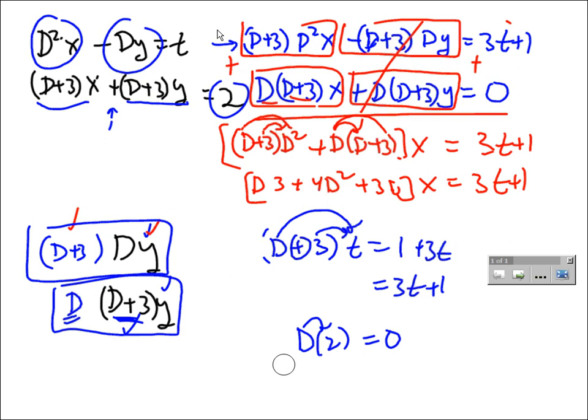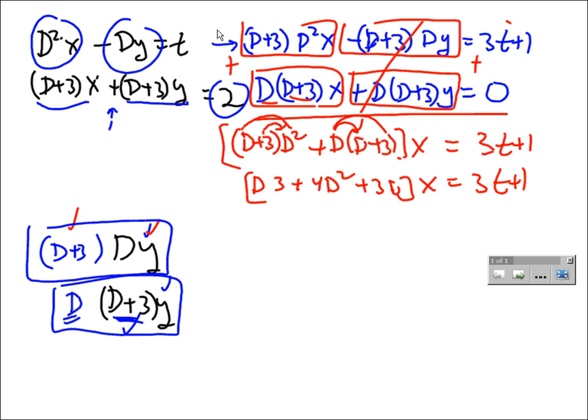To solve the homogeneous, I just write down the auxiliary equation. That's m cubed plus 4m squared plus 3m is 0.